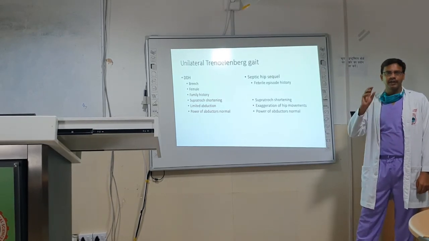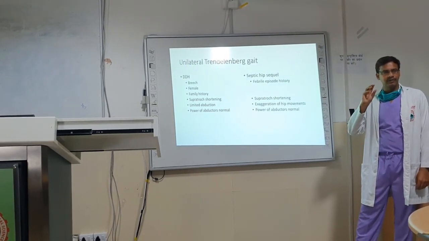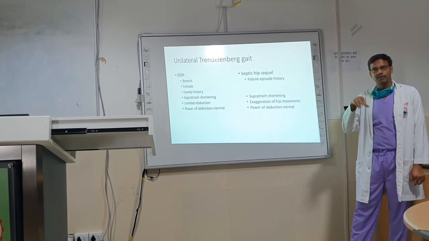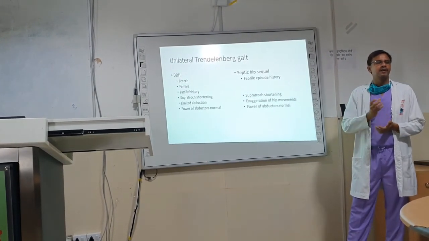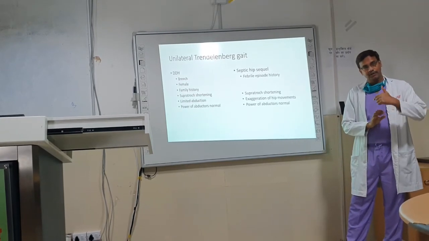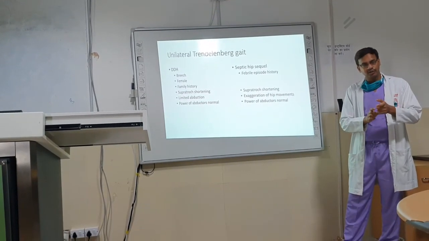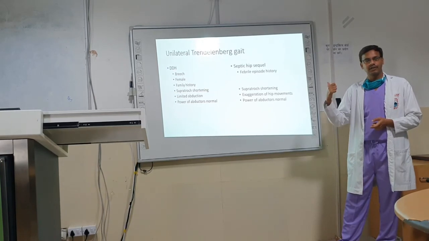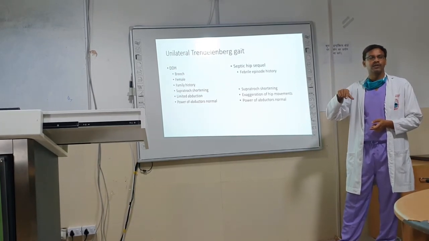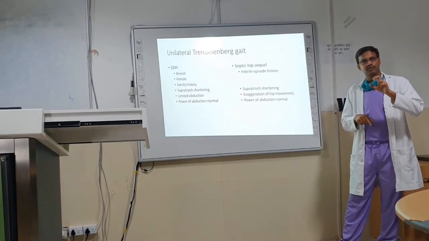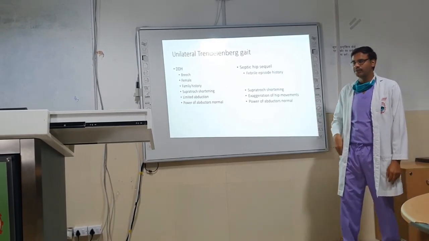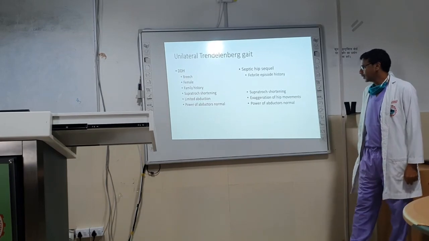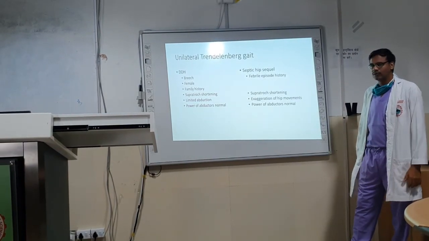Since most of the time the femoral capital epiphysis is destroyed and the hip joint is unstable, the hip is very wobbly in infantile hip sequelae. While in DDH the limitation of abduction is there, here there will be more abduction and more movement. So this is a very important characteristic to differentiate whether it is an infantile septic hip sequelae or a DDH. And again, power of abductors will be normal.